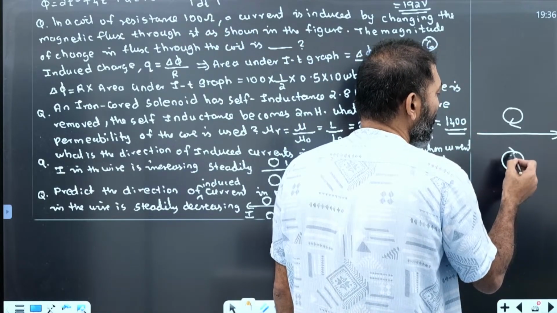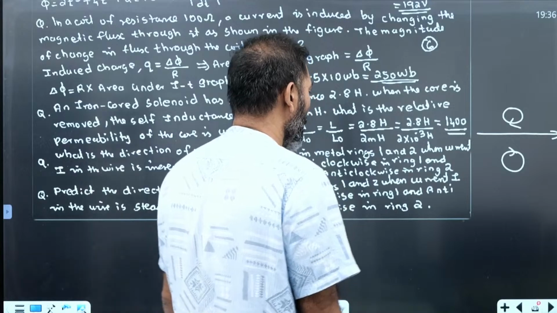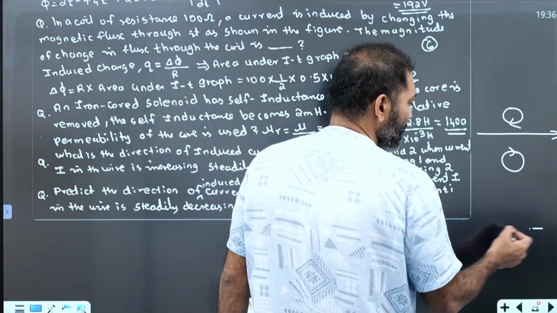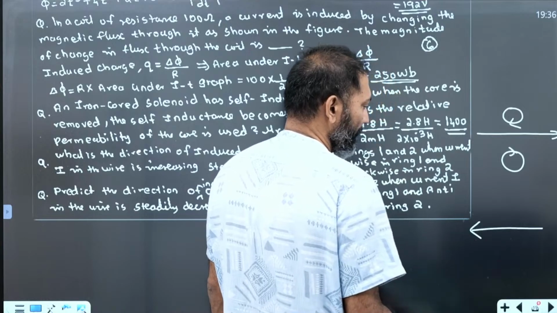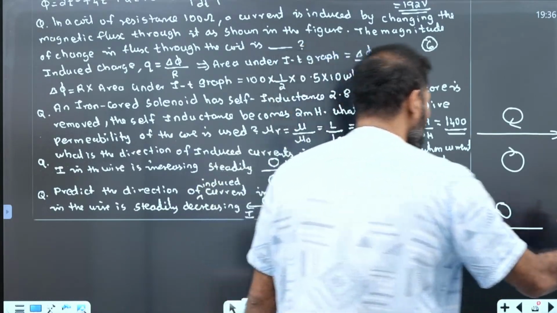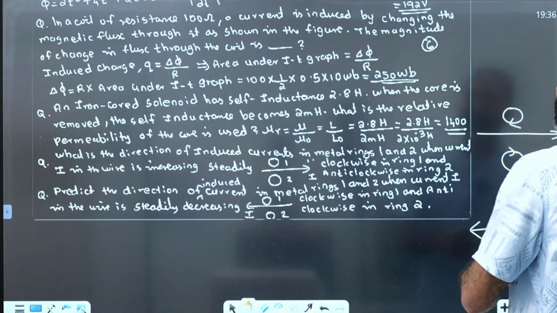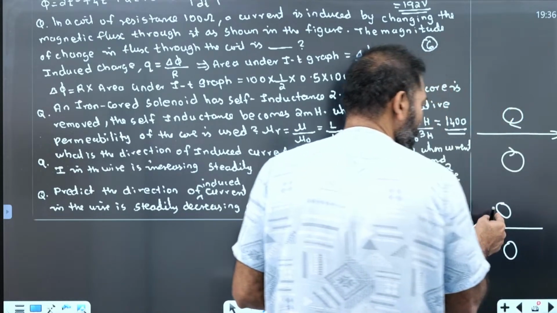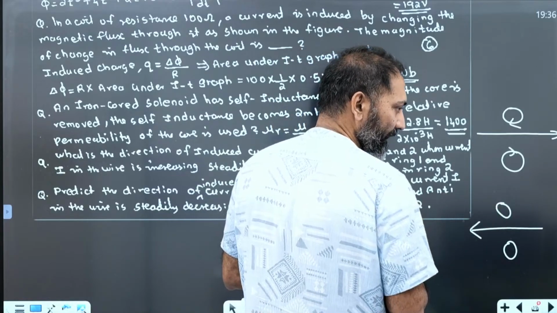And here it is what? Anti-clockwise. Now the second question. Now what happens? Current is in this opposite direction. Again there are two metallic rings. So current is going in this direction. So again changing current, changing magnetic field. That changing magnetic field is getting cut by the upper metallic ring.